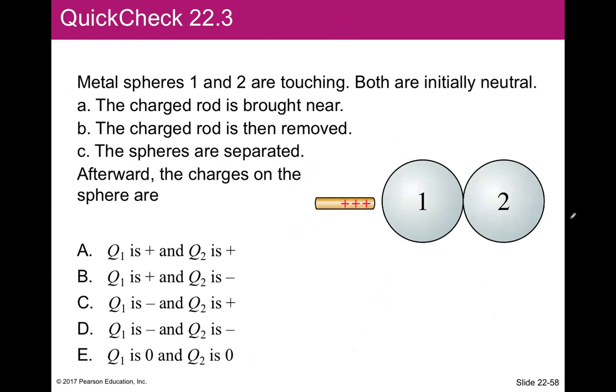Okay, what about this question? Again, this is something related to induced charge. Once you have positive charges here, then the charges on object 1 and 2 will be redistributed.